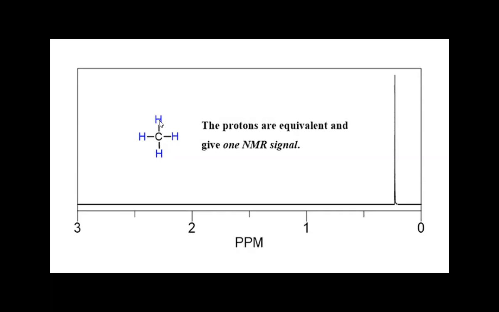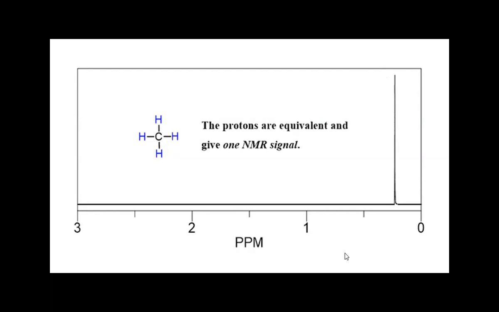Consider this hydrogen; it is attached to a carbon that is connected to 3 other hydrogens. Also this hydrogen is attached to a carbon connected to another 3 hydrogens. So all hydrogens are in the same condition, with the same neighbors, so it will give us only one peak.